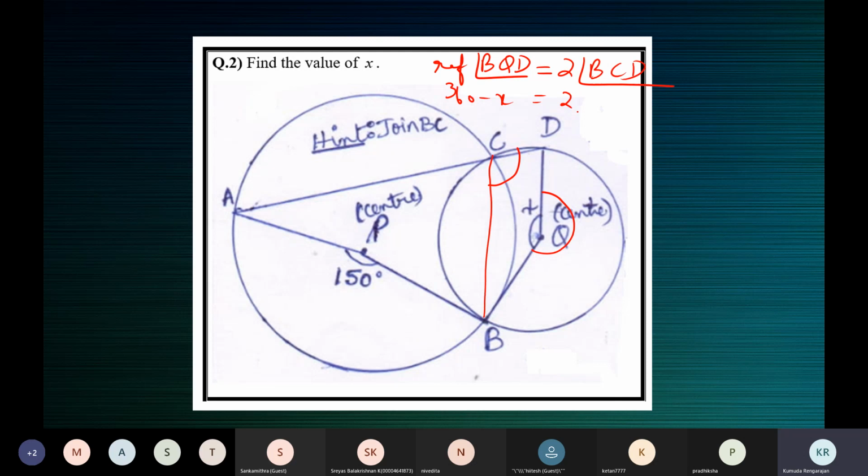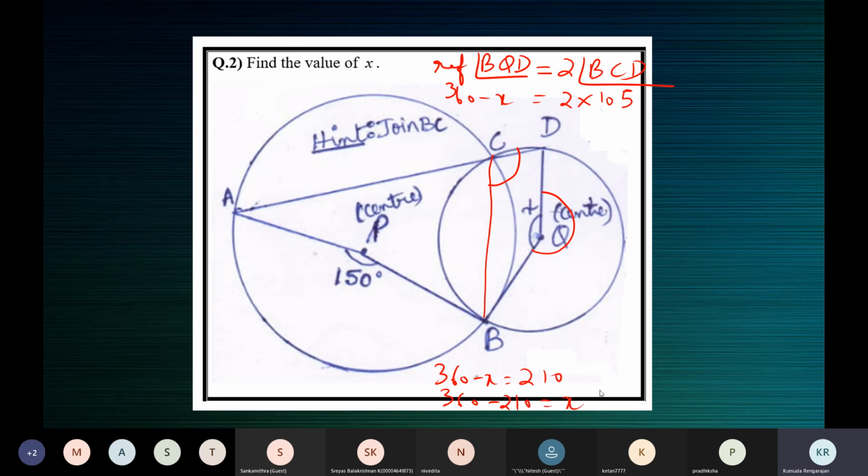BCD, I think we got 105. 2 into 105, yeah, 105. So 360 minus X is equal to 210. So X is equal to 360 minus 210.